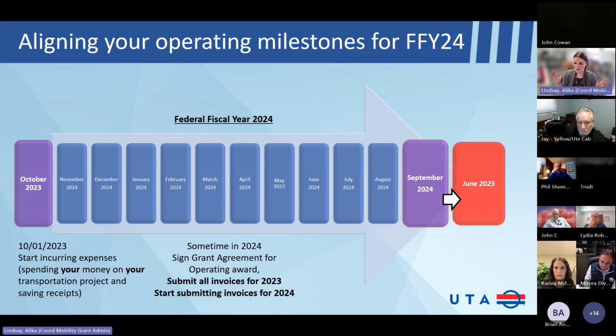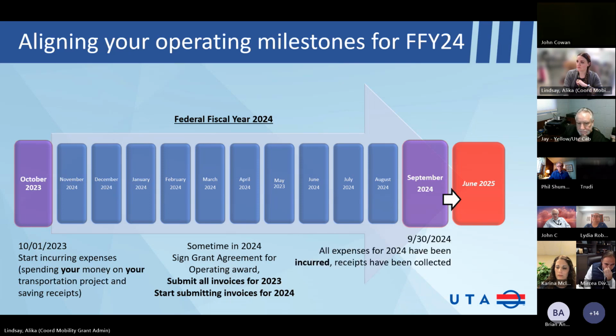Sometime in 2024, you sign your grant agreement for your operating award. Let's pretend you were awarded operating funds in this grant cycle. And then once you sign that grant agreement, you can go ahead and submit all 4 of your quarterly invoices for 2023 for reimbursement. And then you can start submitting your invoices for 2024.